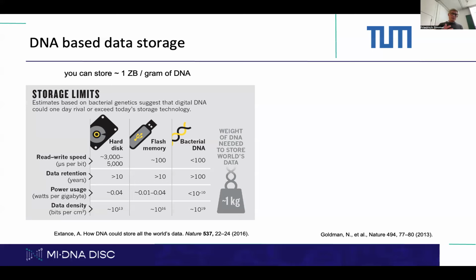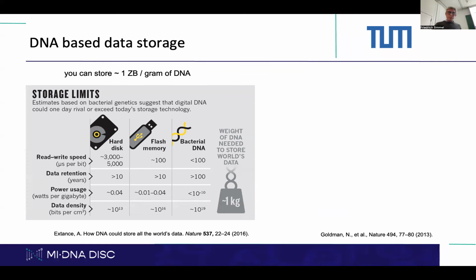If you take one base pair as 2 bits, and you calculate the size of a DNA, which is 2 nanometers in diameter and 0.3 nanometers per base pair, then you get an extremely high data density. This is why people thought this would be ideal. You could store all of the world's data in a few hundred grams of DNA, depending on various aspects. But that's roughly it.